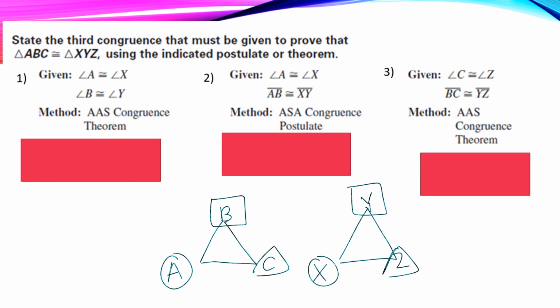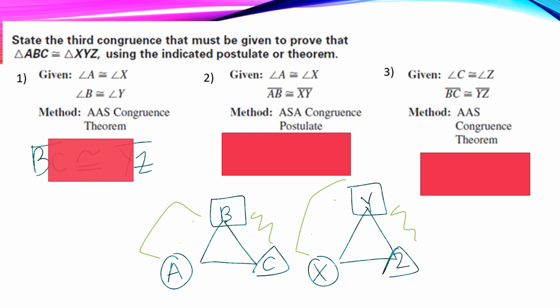So number one, you're given angle A is congruent to angle X, and angle B is congruent to angle Y. So A and X, B and Y, so that means it's here. So for it to be angle, angle, side, we would have to have this side over here, so BC is congruent to YZ.